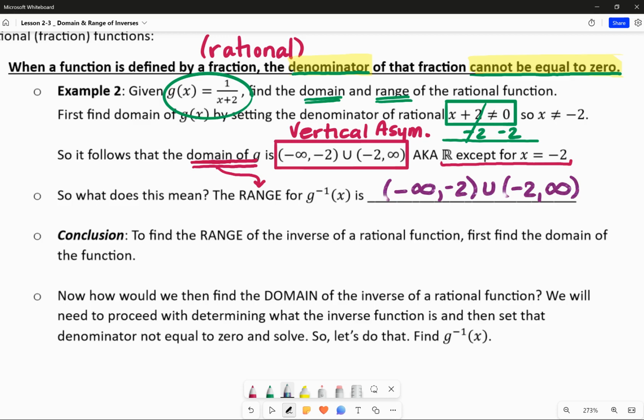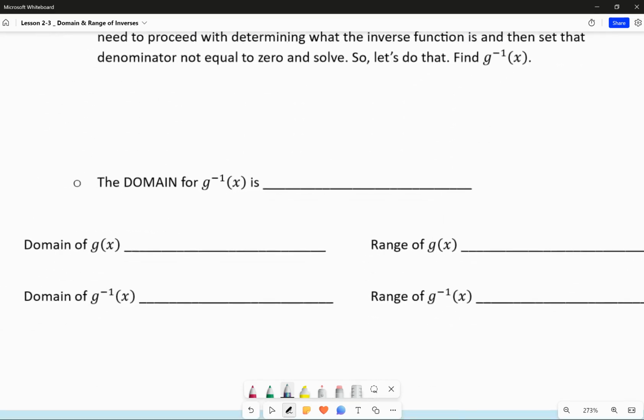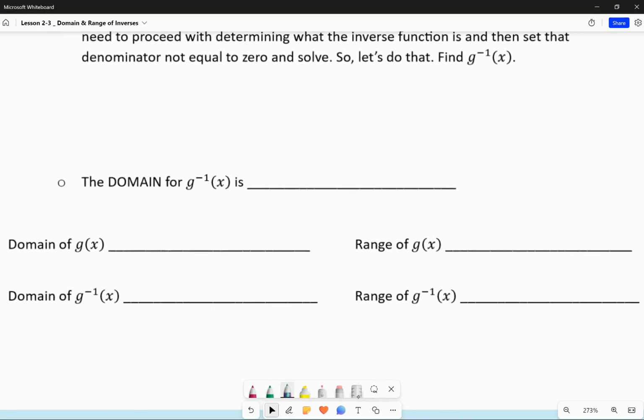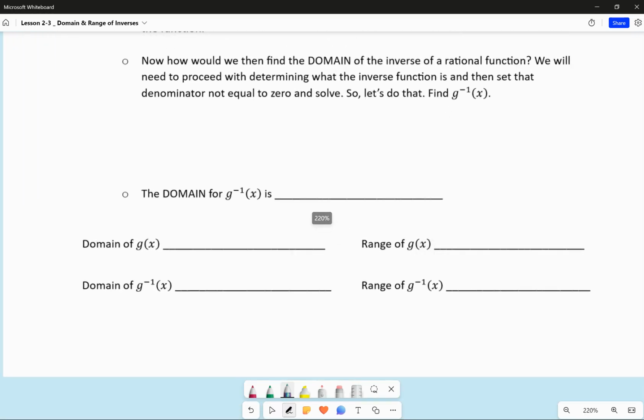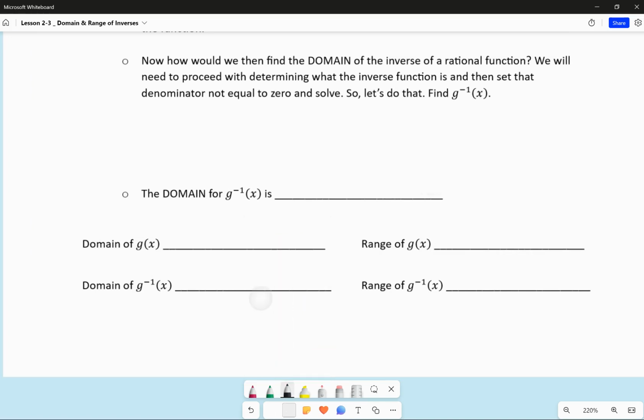Okay, so if you would scroll with me down at the bottom, because we are going to eventually write down the summary. The domain of G, we said was what? We said it was negative infinity all the way to negative 2 and negative 2 to positive infinity.